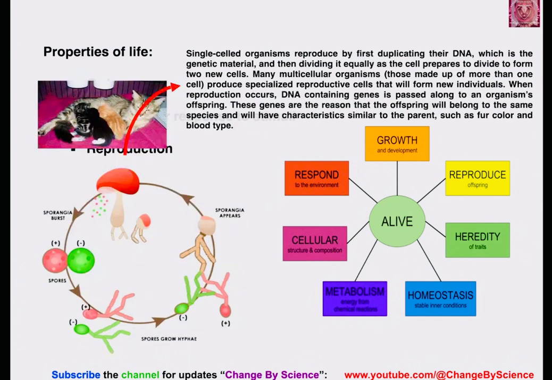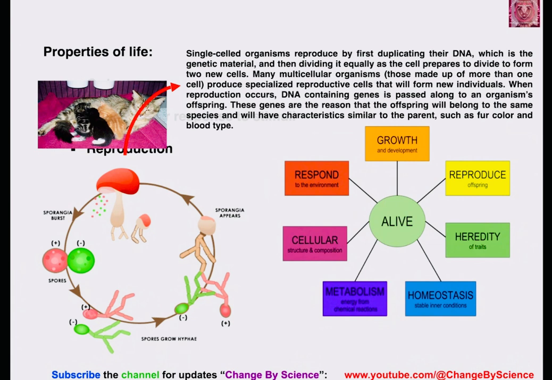Another property of life is reproduction, to reproduce the same kind. Single-celled organisms reproduce by first duplicating their DNA, which is the genetic material, and then dividing it equally as the cell prepares to divide to form two new cells.